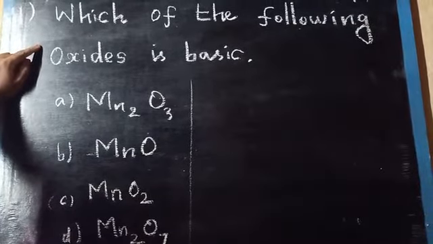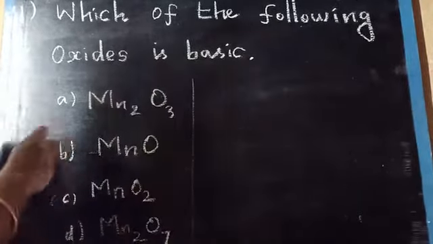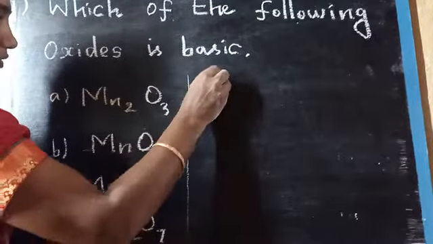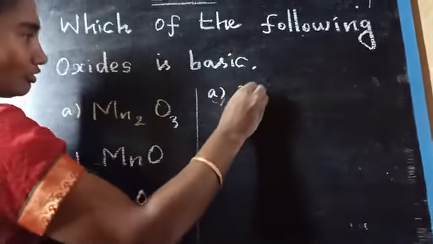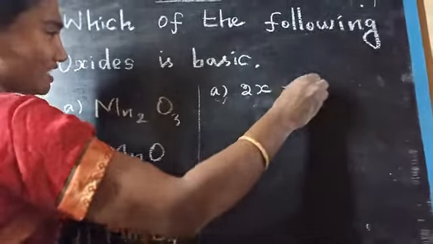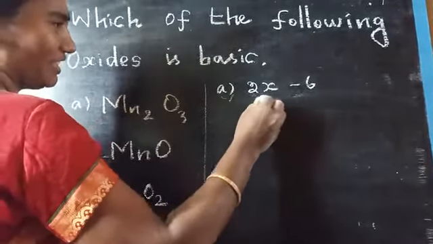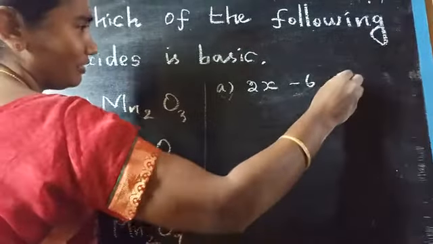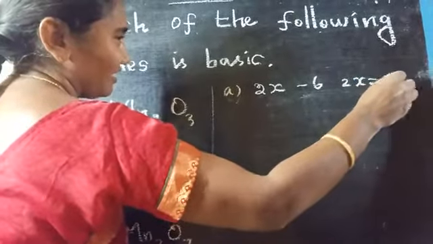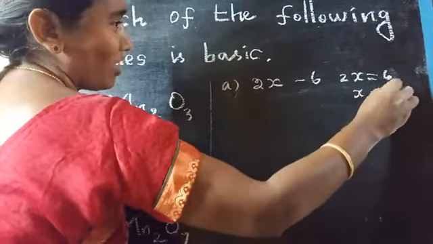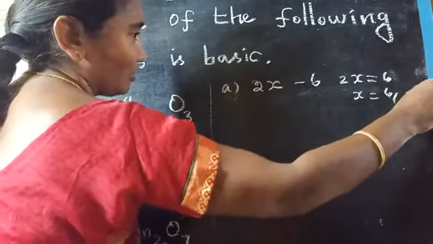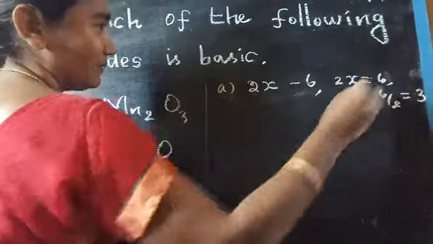So now to find out the oxidation number. First option A, Mn2O3. So 2x minus 6, 3 twos are 6. So 2x equals 6, x is equal to 6 by 2 equals 3.